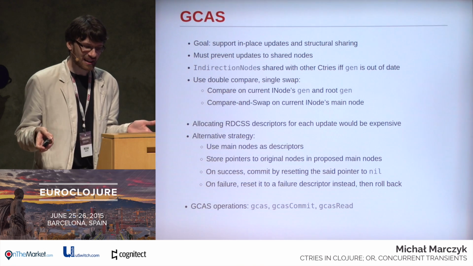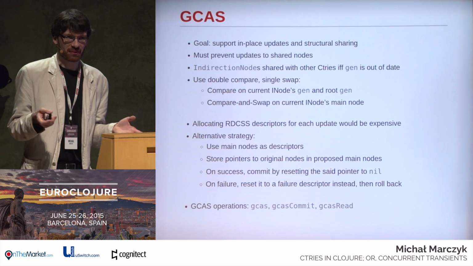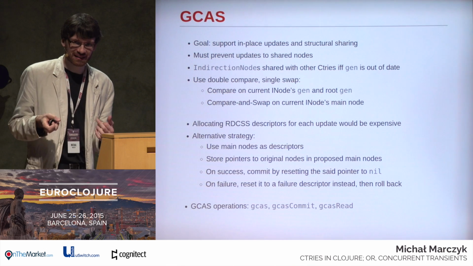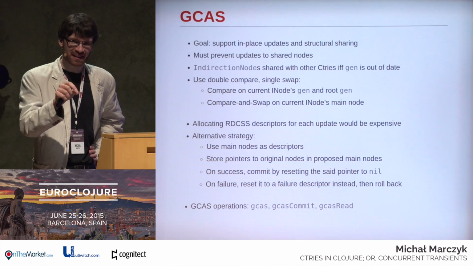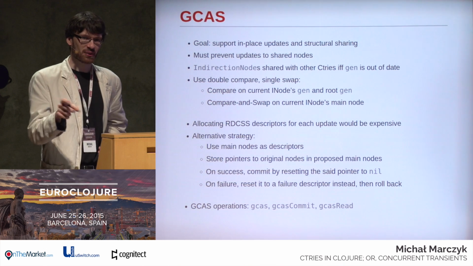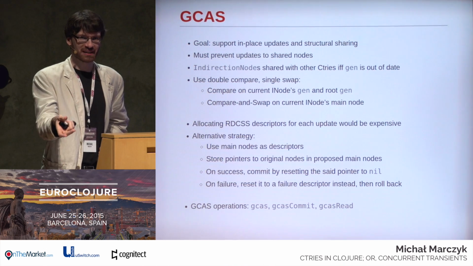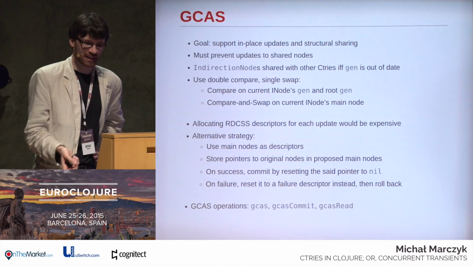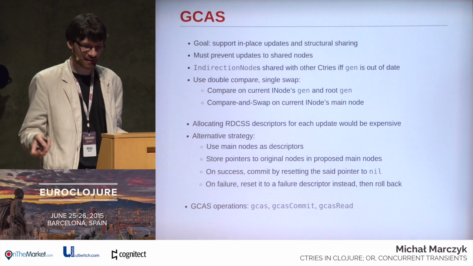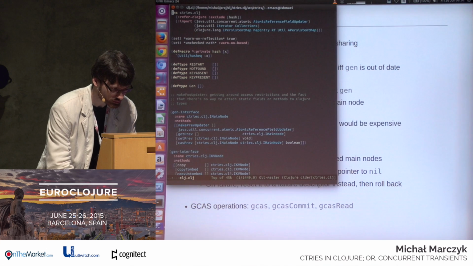And again, it's actually a collection of 3 operations, because any reads of main nodes need to make sure that those are actually committed main nodes with nil prev pointers. If they're not, then they help complete them.